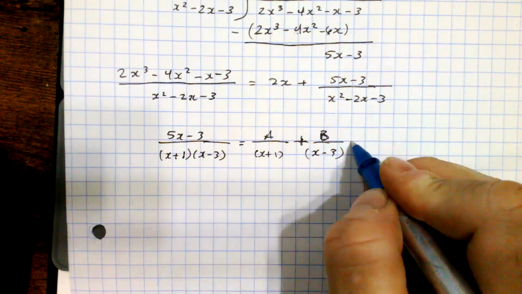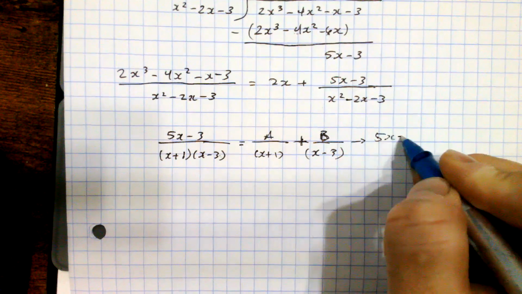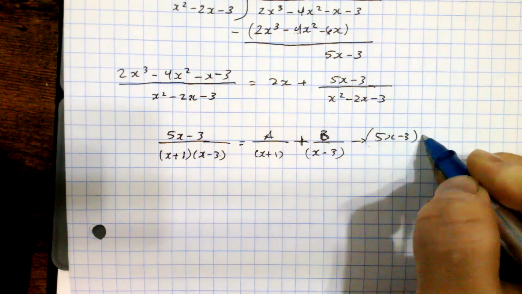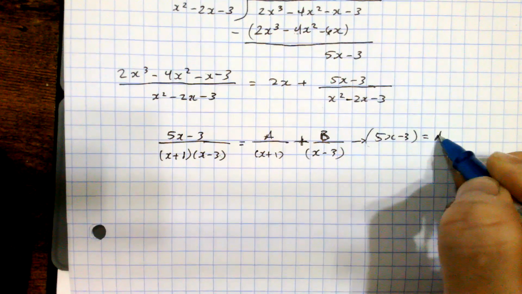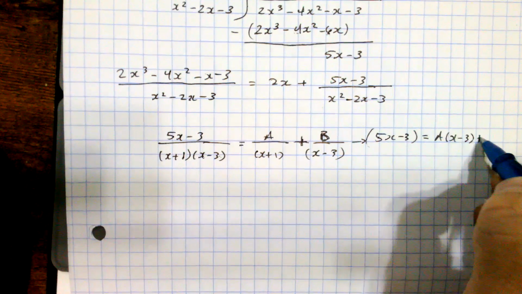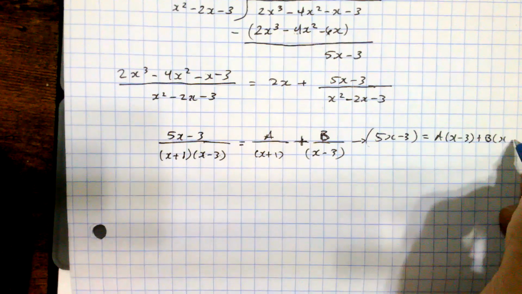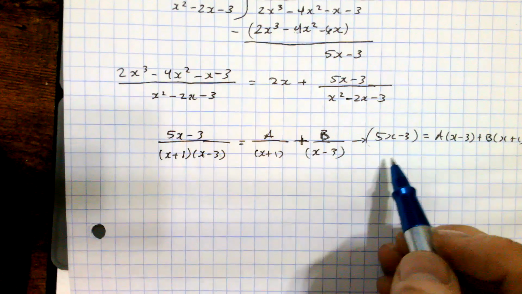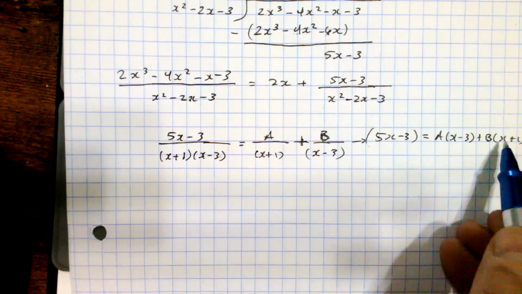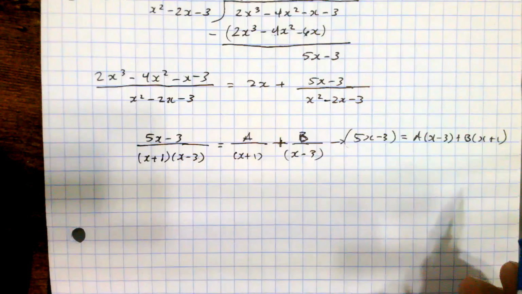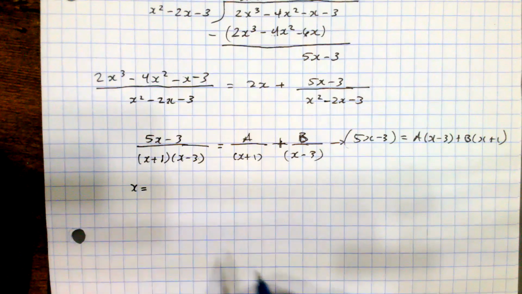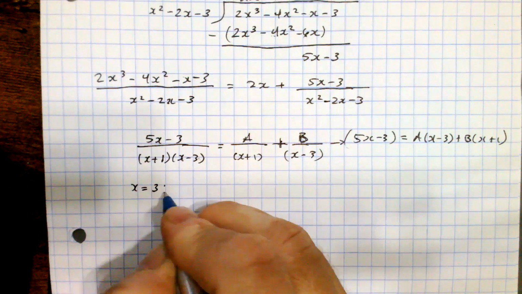And so that's going to give us then 5x minus 3 is equal to a times x minus 3 plus b times x plus 1. Okay. And just like before, since these terms can be zeroed out by an x value, I'm going to let x equal, let's say 3 to begin with.